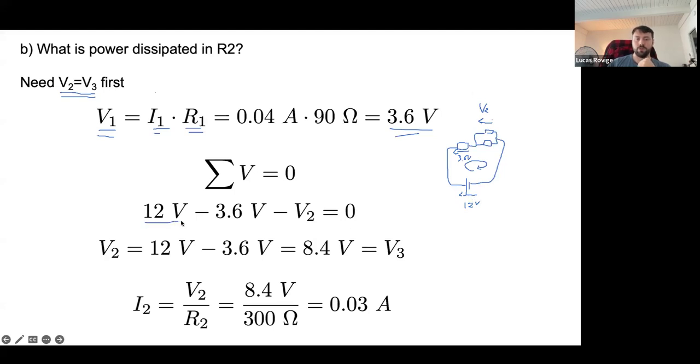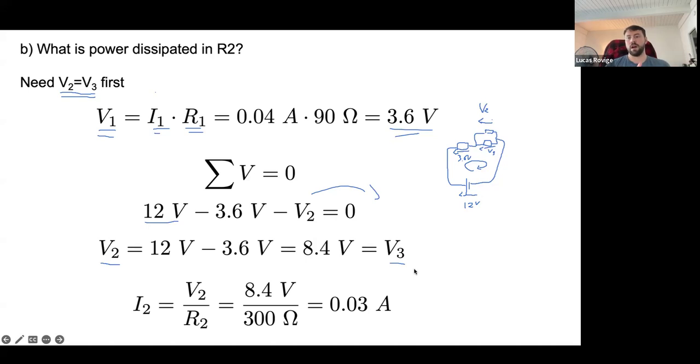So we have the battery potential minus the potential drop 3.6 minus the potential we're looking for, V2, that is equal to 0. And so just moving this to the other side, we have that V2 is 12 minus 3.6. And so it's 8.4 volts. And because they're in parallel, my bad, we know that V2 is equal to V3.